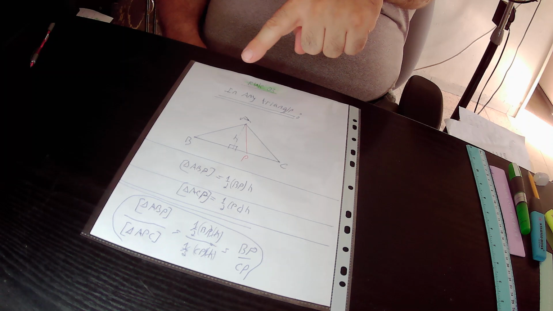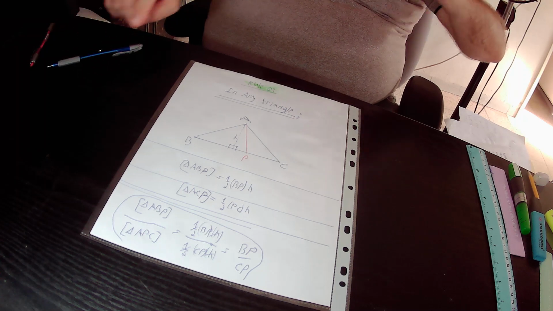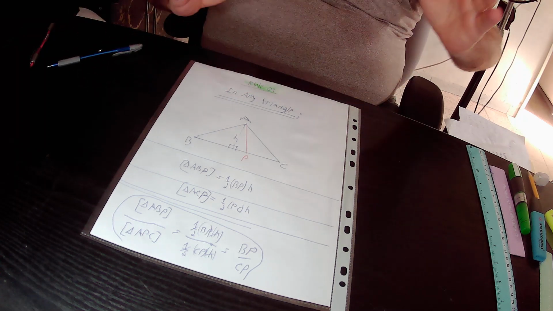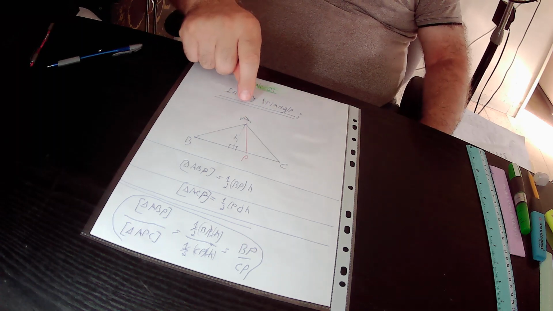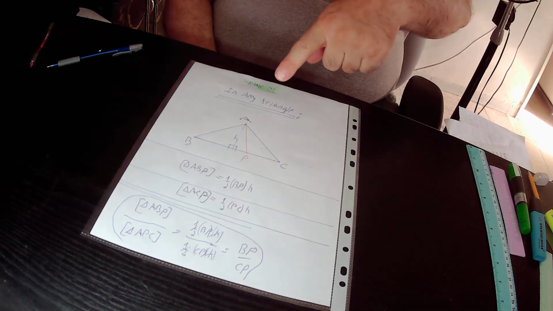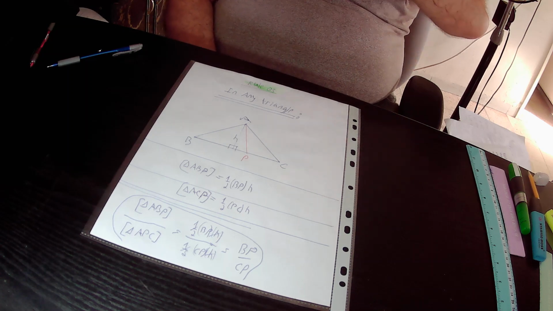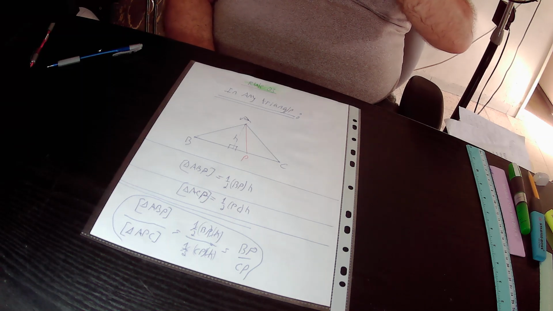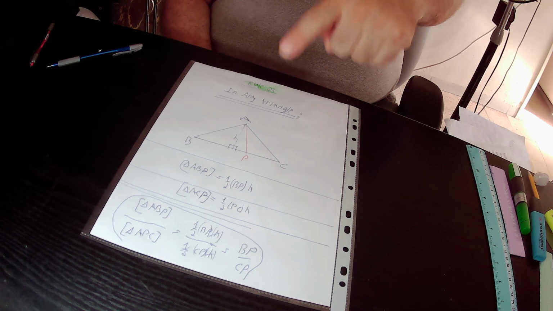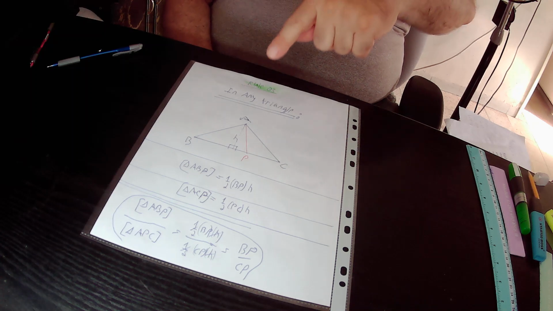Here we have the red line segment AP that divides triangle ABC into two smaller triangles, triangle ABP and triangle APC. According to Rule 23, the ratio between the areas of those two triangles is equal to the ratio between their corresponding bases.